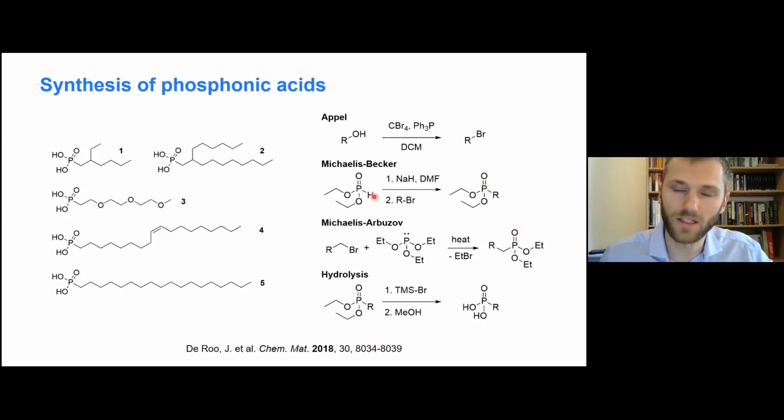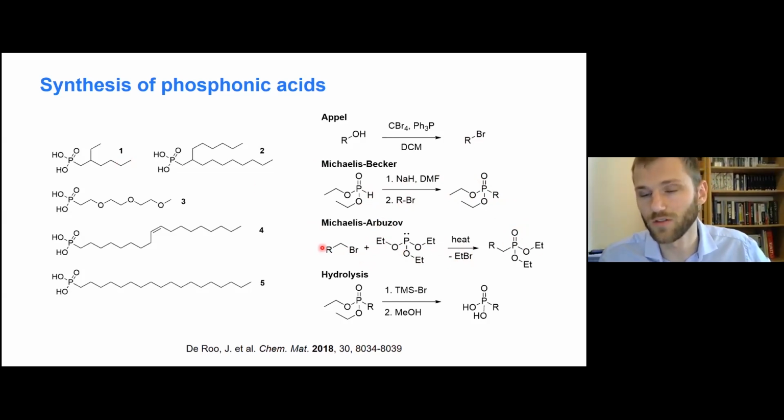The Becker is done at room temperature, where you deprotonate diethyl phosphite and then attack the bromide. And the Arbuzov reaction is where you start from triethyl phosphite and you heat this up with the bromide. Problem with this one is that you form ethyl bromide as a byproduct, and that can also react with triethyl phosphite, giving you an ethyl phosphonic acid impurity.